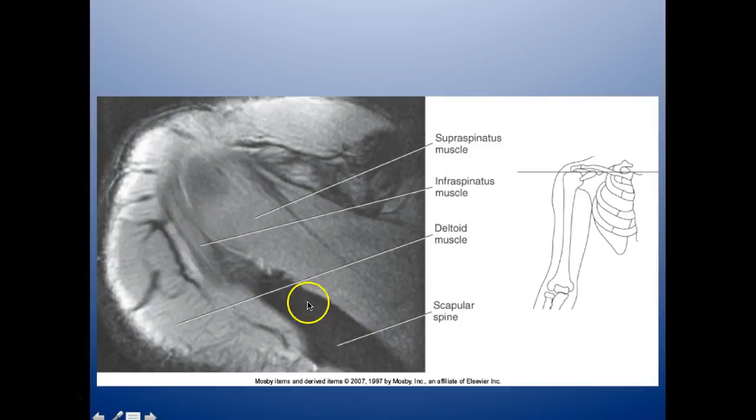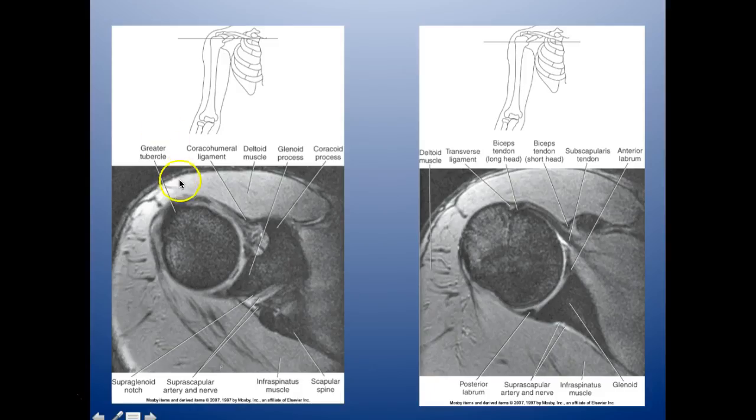This is your scapular spine and your deltoid out around laterally. So greater tubercle, coracohumeral ligament, and we have the glenoid process with the coracoid and your scapular spine, infraspinatus muscle, and your deltoid over here, your biceps tendon coming in, and subscapularis tendon is right here with your anterior and posterior labrum.